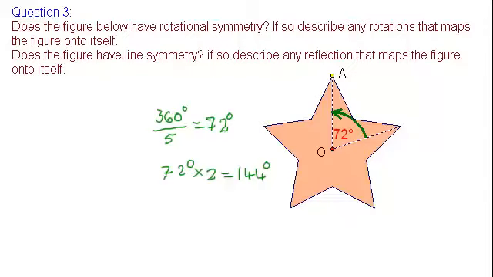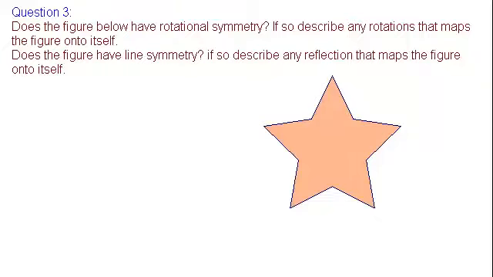Now let us work out how many lines of symmetry we have. Because it is a pentagon, we can find the lines of symmetry if I connect each vertex to the midpoint of the opposite side.